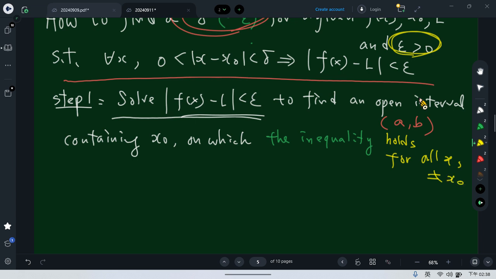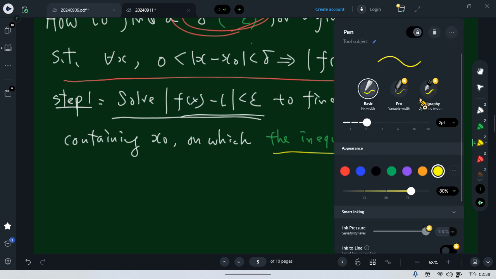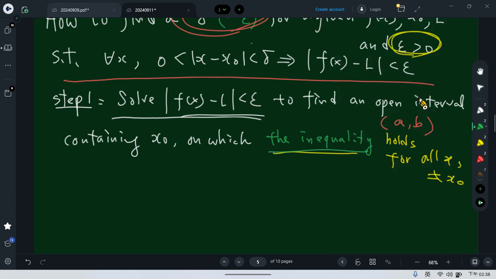So what is the inequality? The so-called inequality is this one.